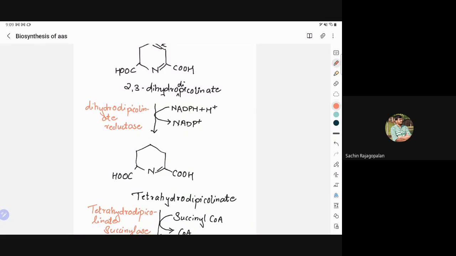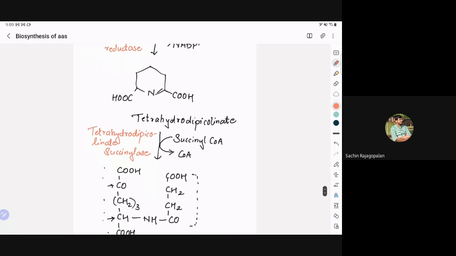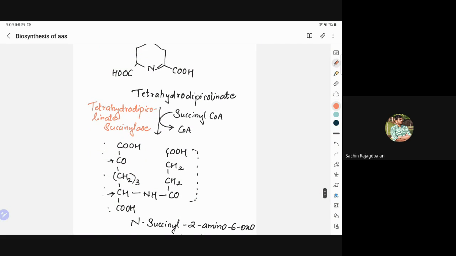Dihydrodipicolinate reductase was the enzyme which worked here. Then to break the closed ring structure into an open structure, we condensed succinyl CoA over here. CoA was removed. You formed N-succinyl-2-amino-6-oxopimelate. Because succinyl CoA was used to break open the structure, we have the enzyme tetrahydrodipicolinate succinylase, which works in this place.